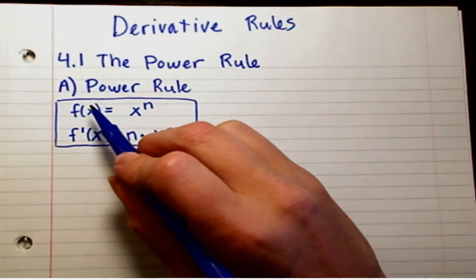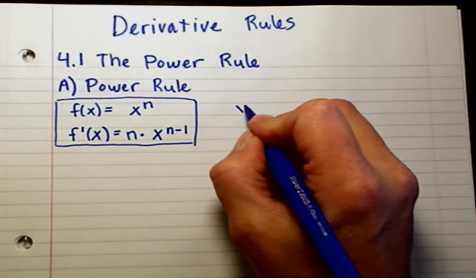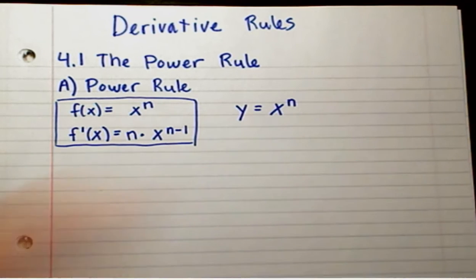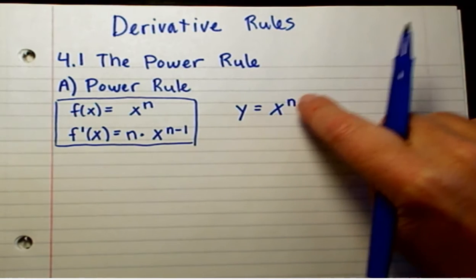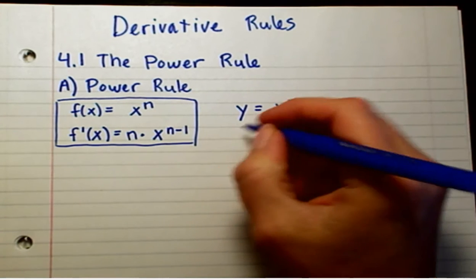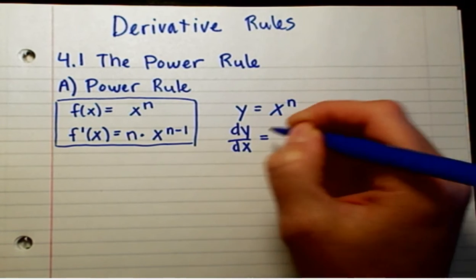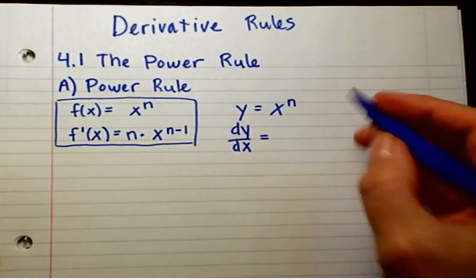Okay, that's using f of x, which is function notation. I'm going to use y equals x to the n, which is just a different notation, but it's still x to a power. And this one says dy dx. Notice that that looks like slope, dy dx, okay?